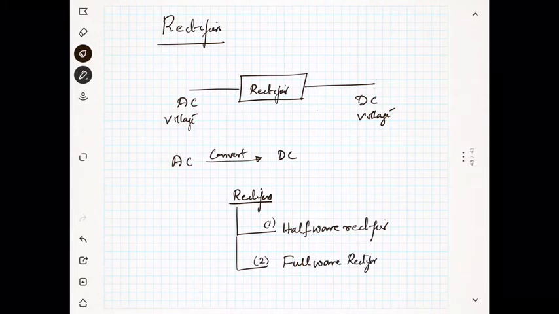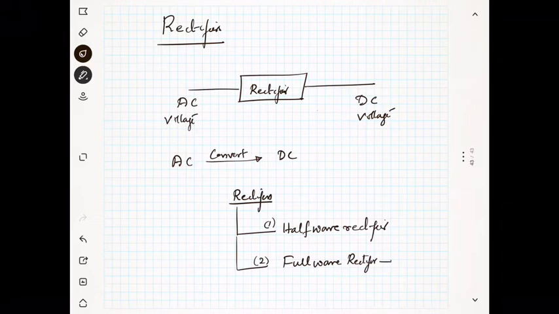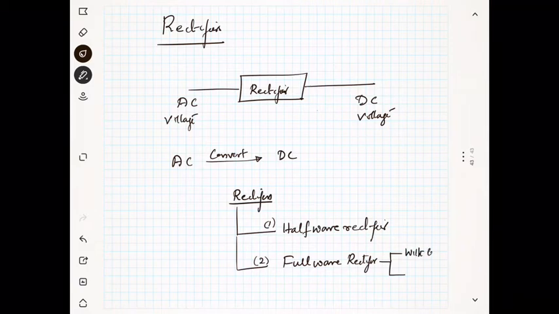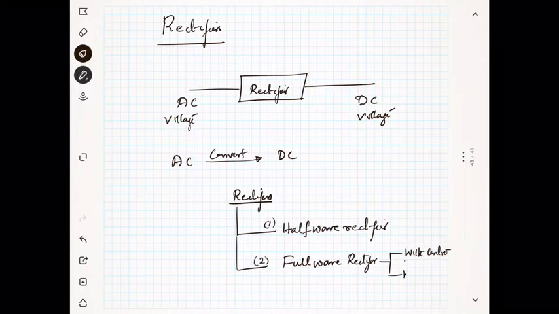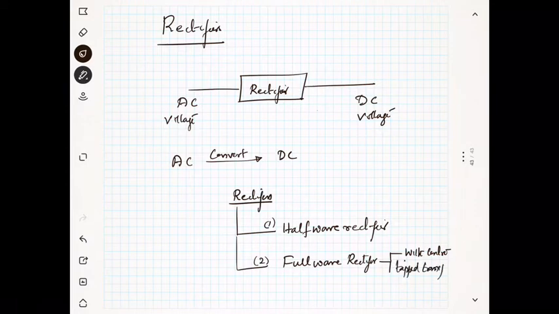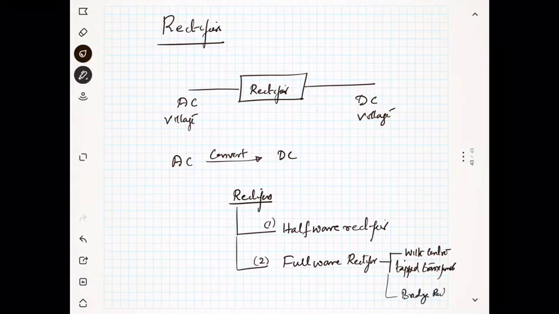The full wave rectifier actually has two types. One is with a center tapped transformer, and the other is the bridge rectifier.